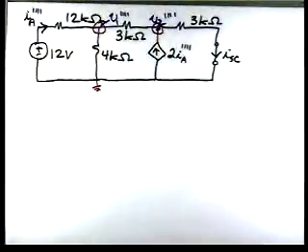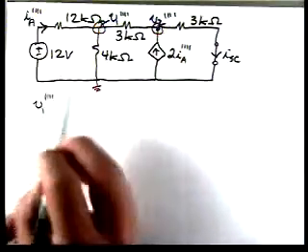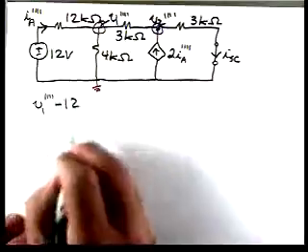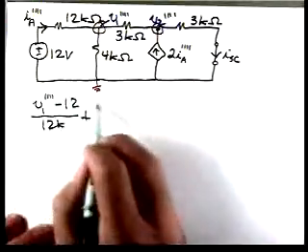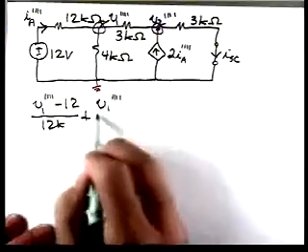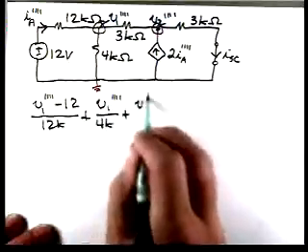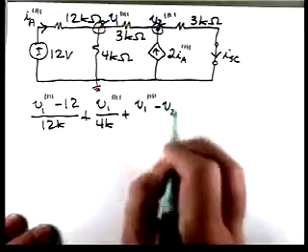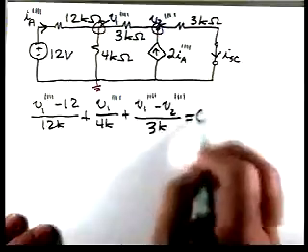At the left, we'll have V1 minus 12 over 12K plus V1 over 4K plus V1 minus V2 over 3K equal to 0.